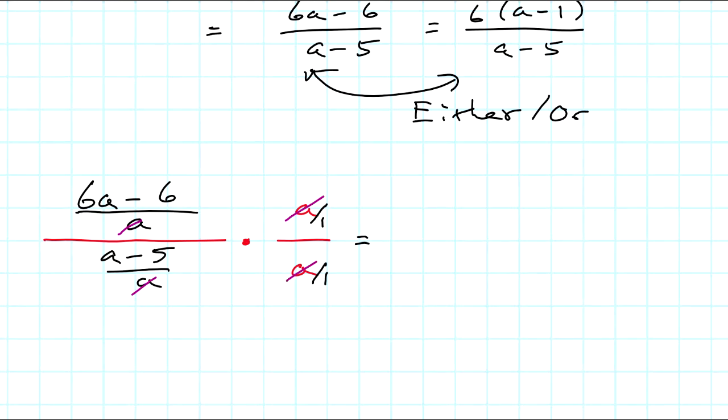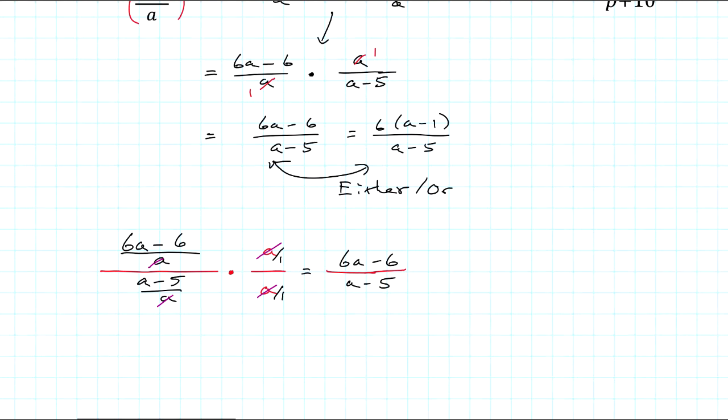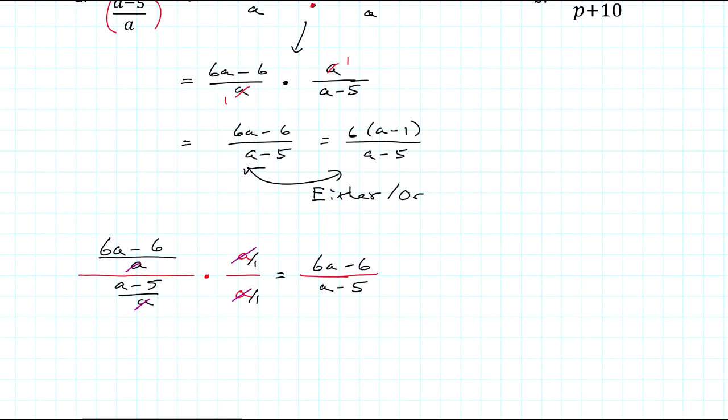And when that happens, I'm left with, on top of the big fraction, just the 6a minus 6, and on the bottom, we're left with just the a minus 5. And there we are. We're already at our final step. So it only took us just that one bit of work.